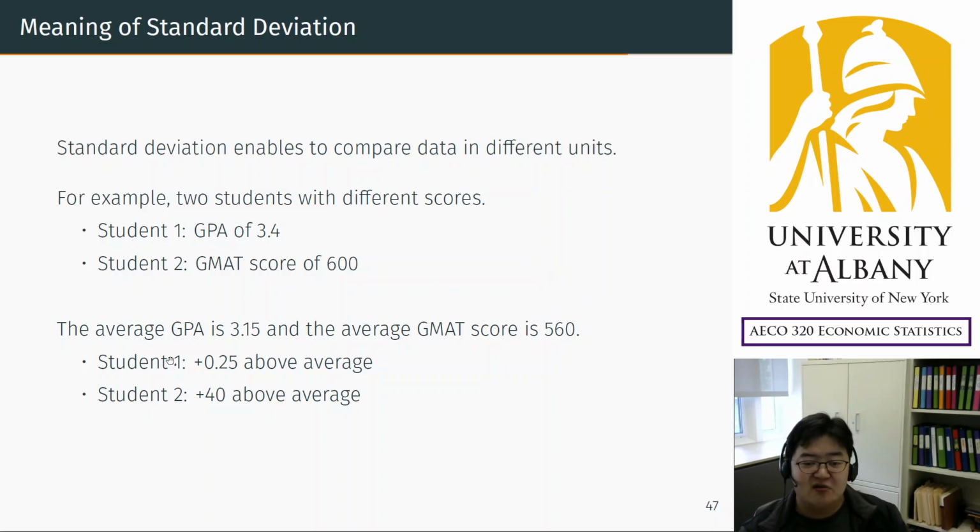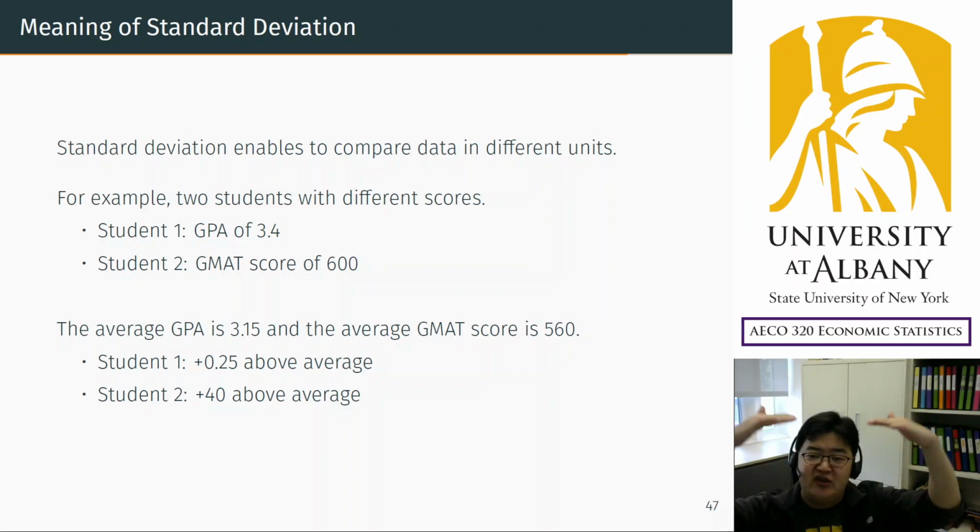Then you can tell whether each of the students is above or below the average. If one was above and the other below, the decision is simple: you choose the one above the average. However, in this case, both students are above average, and the scales, the units, are still different: 0.25 and 40.